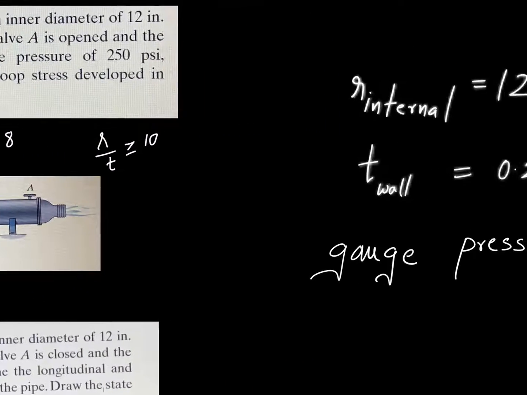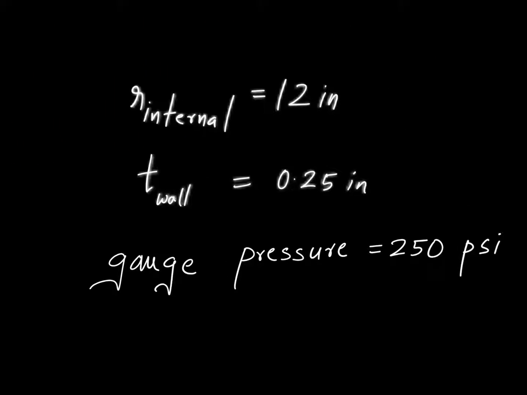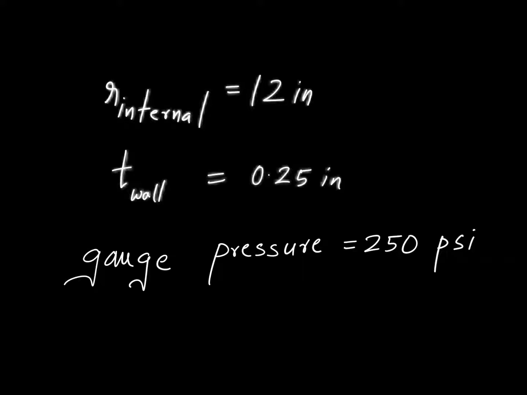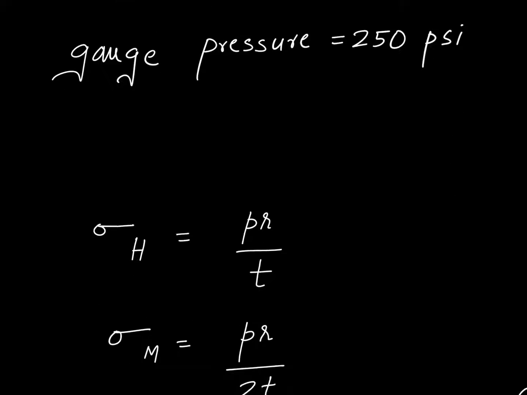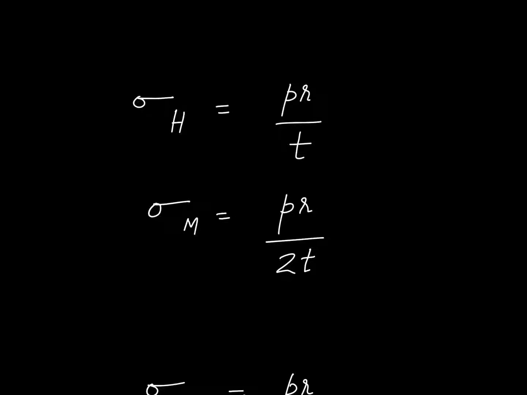So I think if you take 10 mechanical engineers, 8 out of the 10 will know this famous formula for the hoop or the circumferential stress. Similarly, the formula for the meridional or the longitudinal stress.